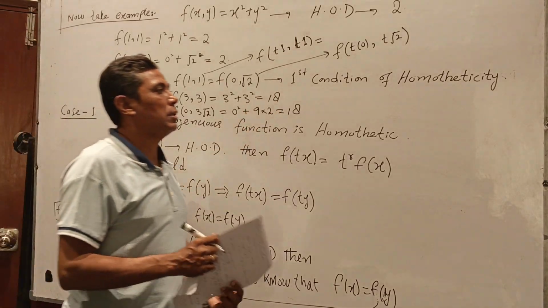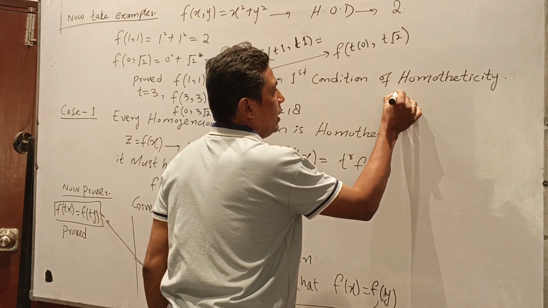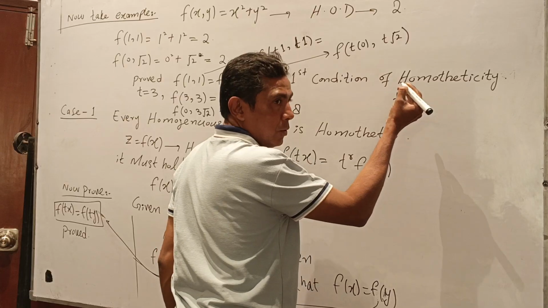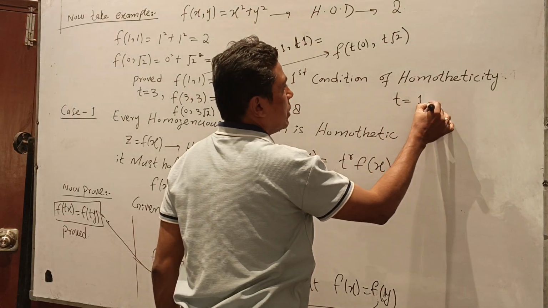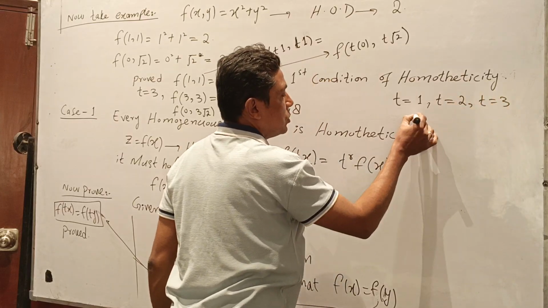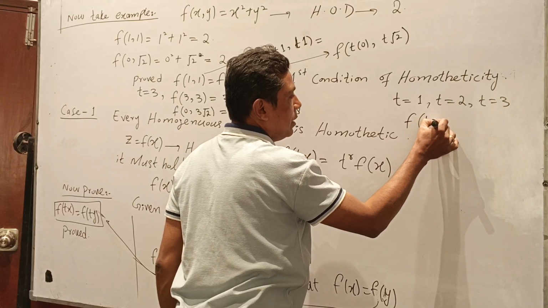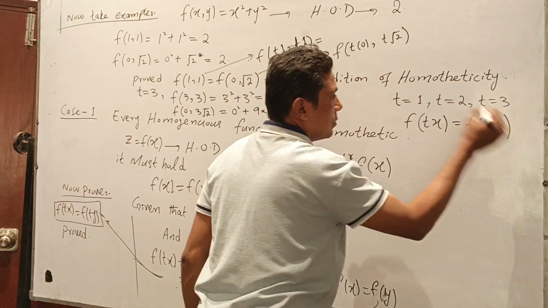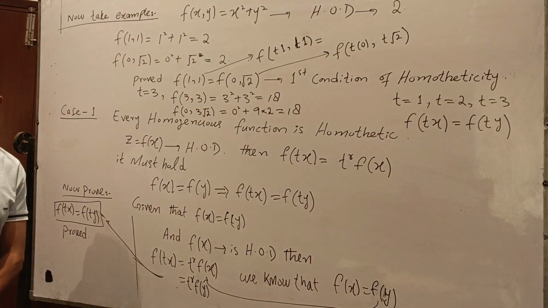So when the value of t equals 1, 2, 3, this condition is going to be satisfied. Sir, write it in continuation. So this condition is going to be satisfied here.